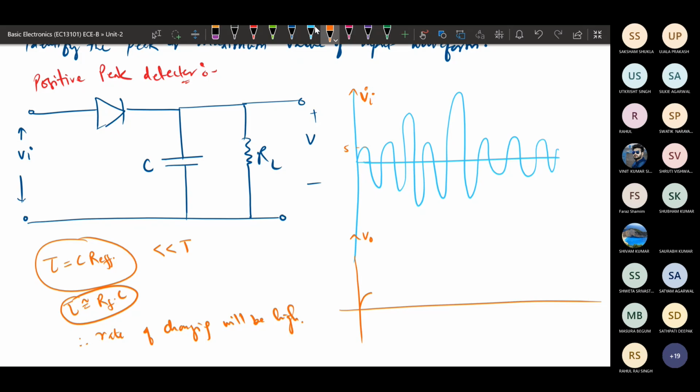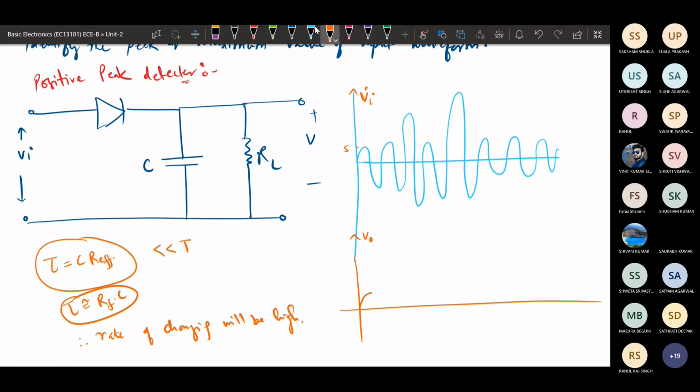Now we are reducing the input voltage, but the capacitor is charged, so it will remain charged. Whatever input voltage we apply below this 5 volt, the capacitor is still across the output.